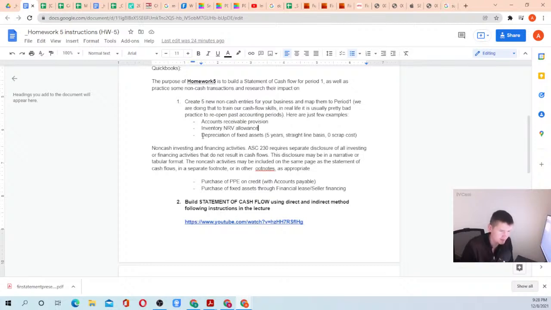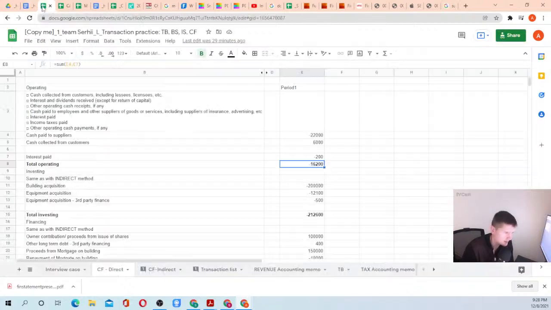But in our indirect method, we will have to face some choices here, because most of these non-cash movements will change our income statement, and will require us to adjust our operating cash flow somehow. Okay, so let's go back here.